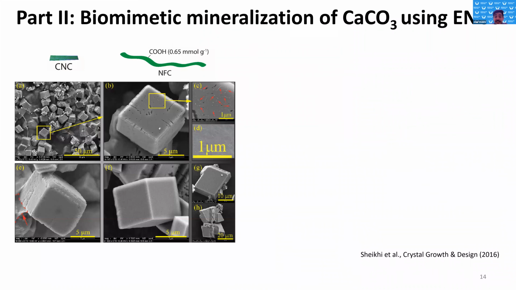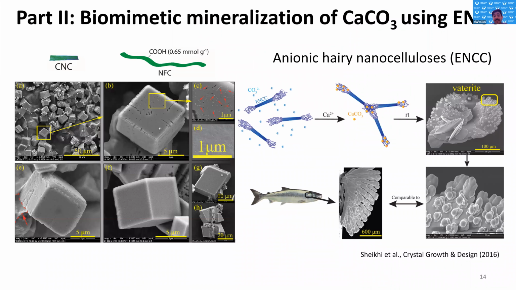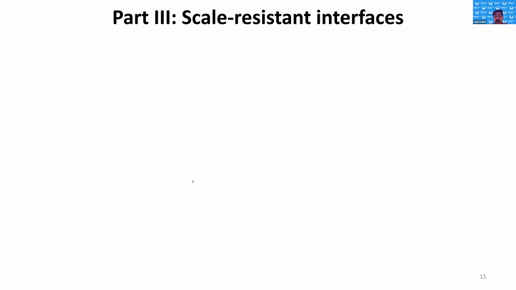And the reason that these nanocelluloses perform as anti-scalant is because of basically stabilizing the earliest stages of crystals, here calcium carbonate, and preventing the earliest stages of crystals, such as amorphous calcium carbonate and vaterite, from converting into more thermodynamically stable polymorphs, such as calcite, which is what we observe with conventional nanocelluloses.